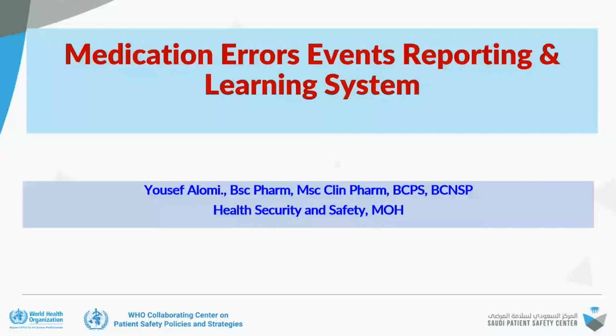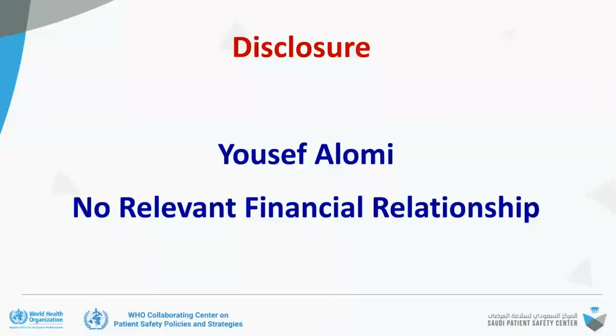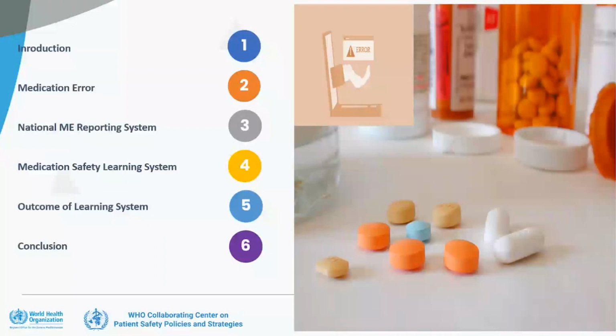I don't have anything to disclose. I think by the end of this lecture, you will know some statistical data about medication error in our area or around the area for all Middle East. And also you have to be familiar with the medication error reporting system as general experiences in Saudi.